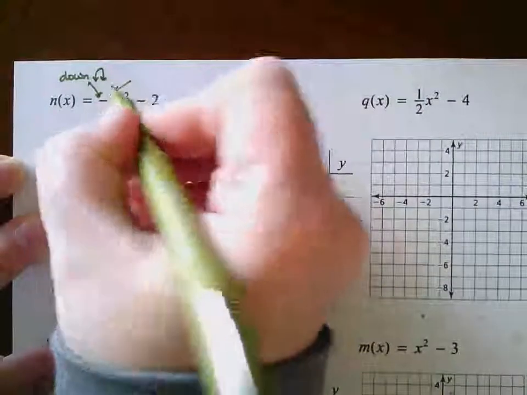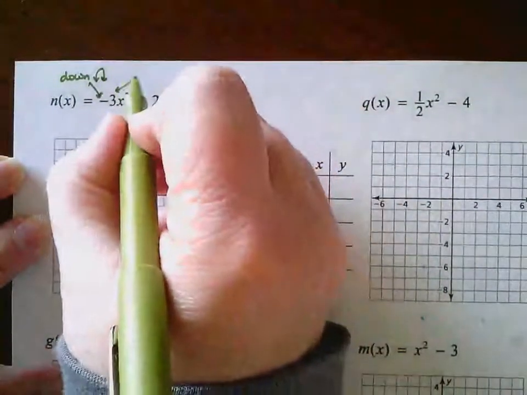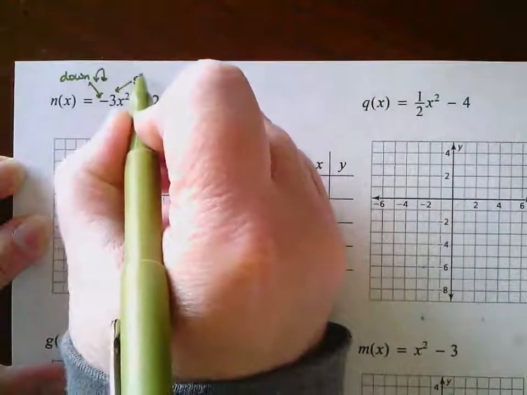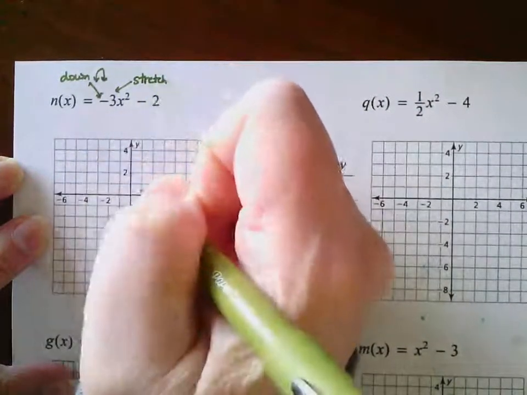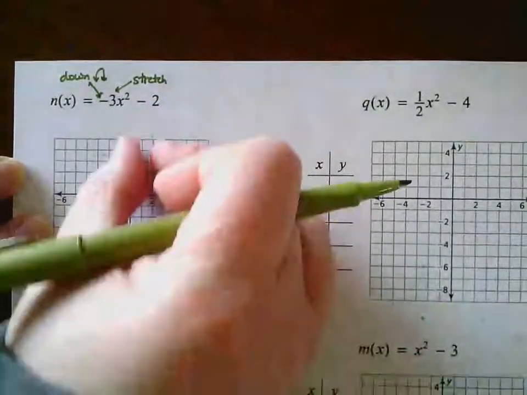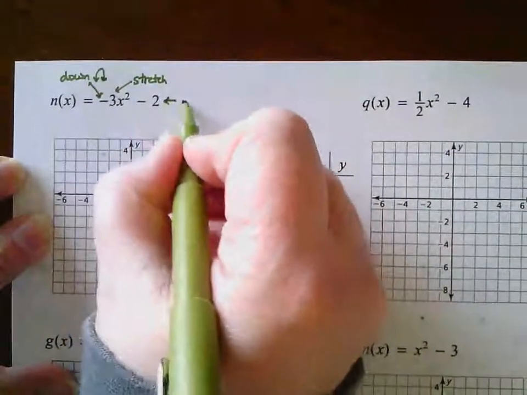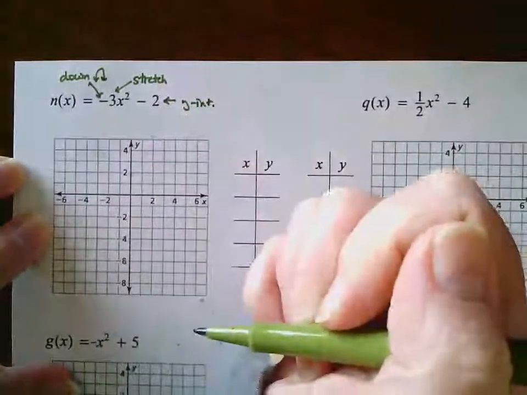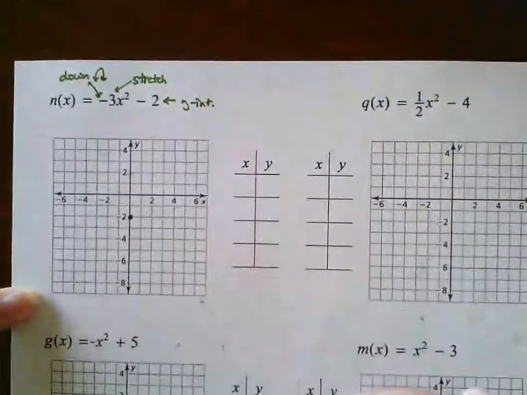Secondly, that 3 right there means this is going to be a stretch. It's going to stretch the graph up, actually down in this case. And then this means this is where you started. This is your y-intercept. So it's actually going to start right here at -2.